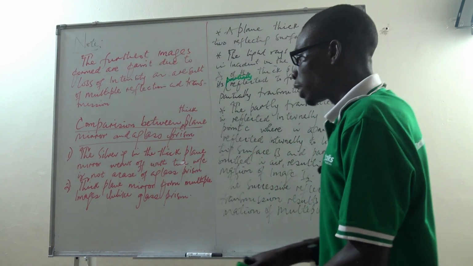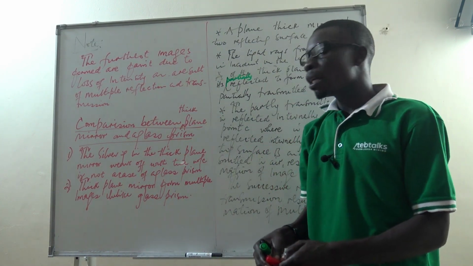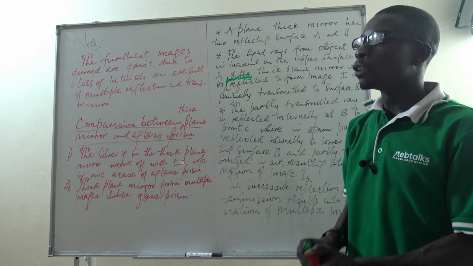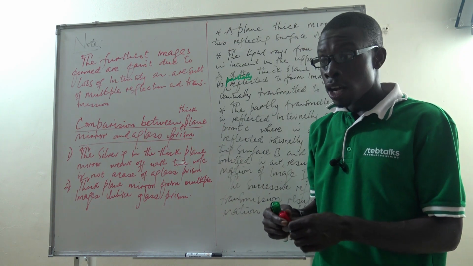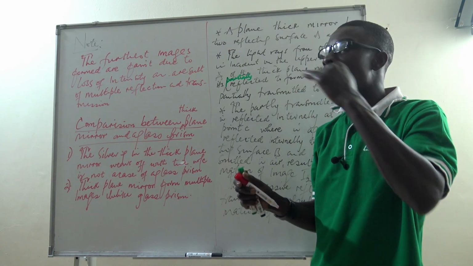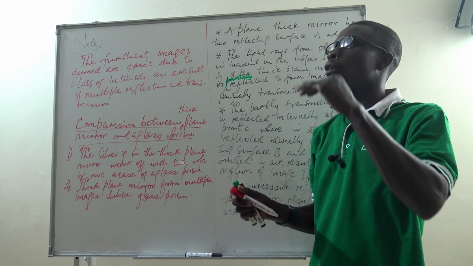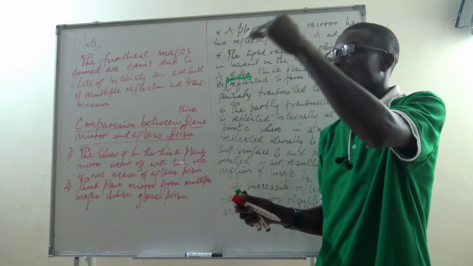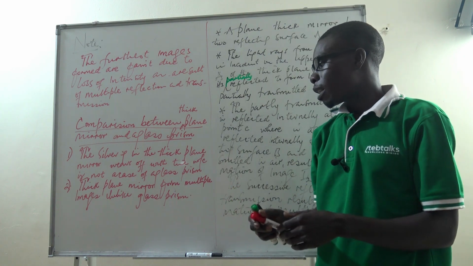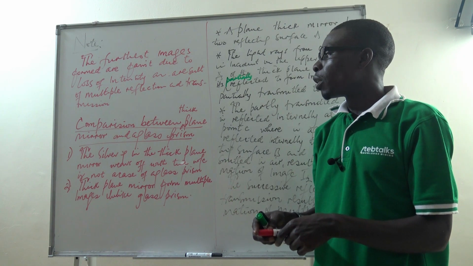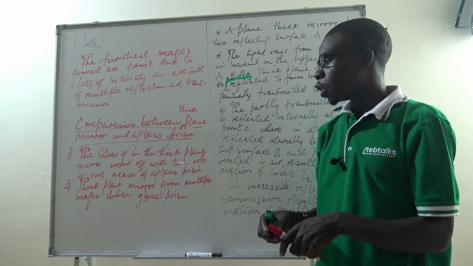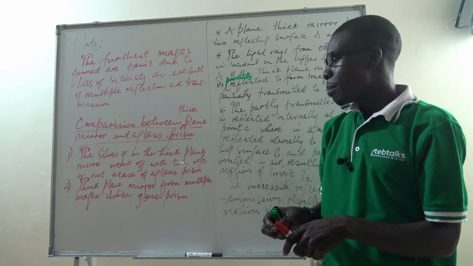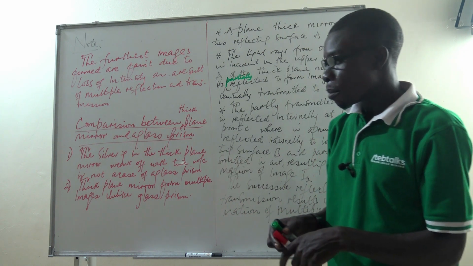So we have just looked at that: in the thick plane mirror, they result in the formation of multiple images. They form a number of multiple images as a result of the continuous or successive reflection and transmission. Reflection and transmission will result in a number of images, but that is not true with the glass prism.